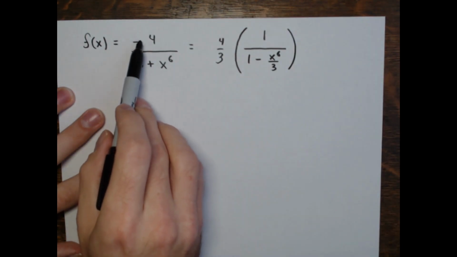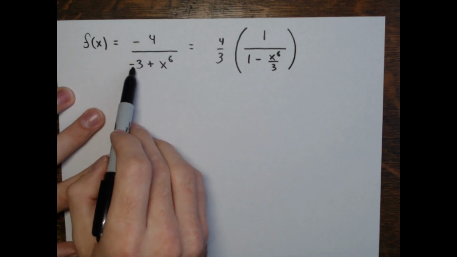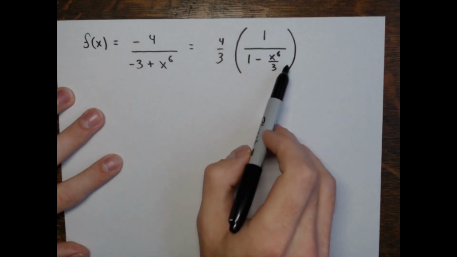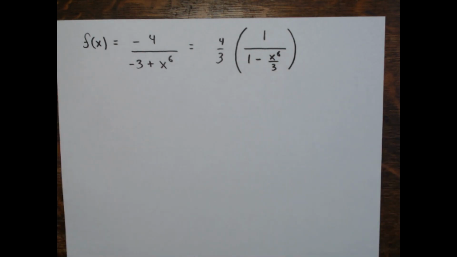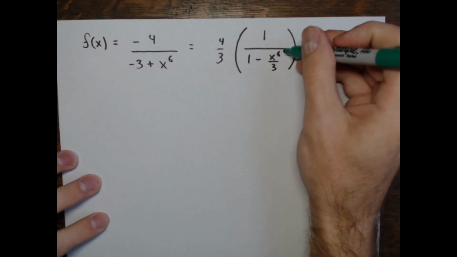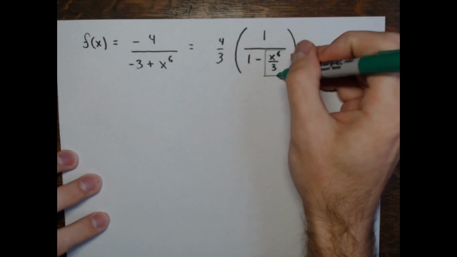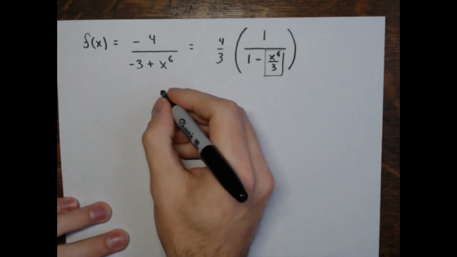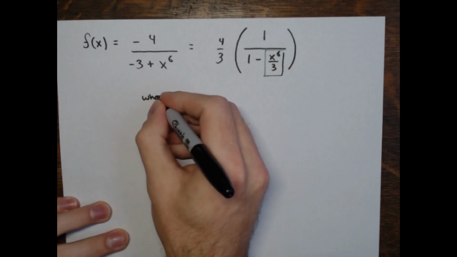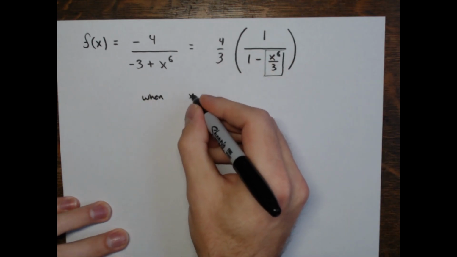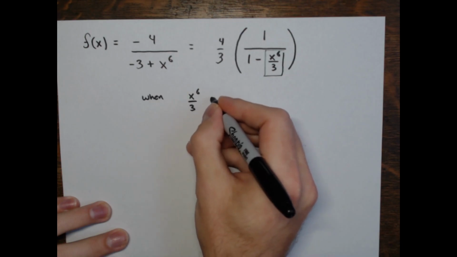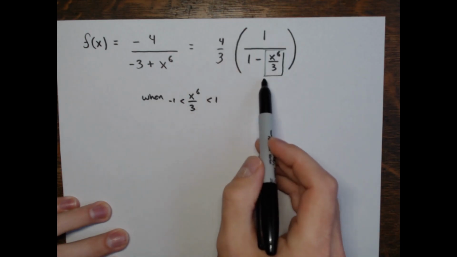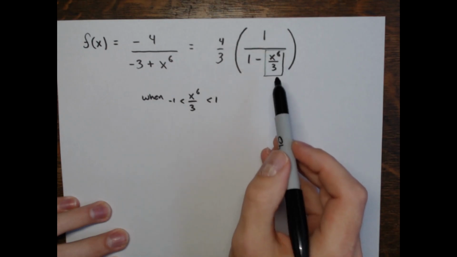Because if I multiply this by -1 over -1, I get +4 over 3 minus x to the 6th. Okay, so here's the expression in the box, 1 over 1 minus the box. As long as this x to the 6th over 3 is between -1 and 1, we have a series that will converge to this function.